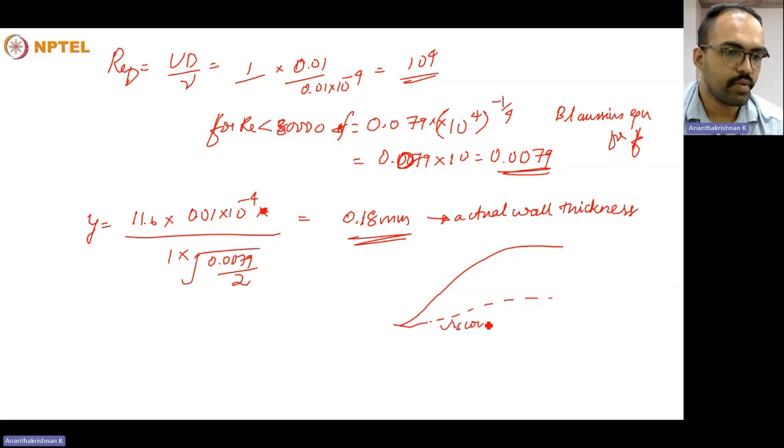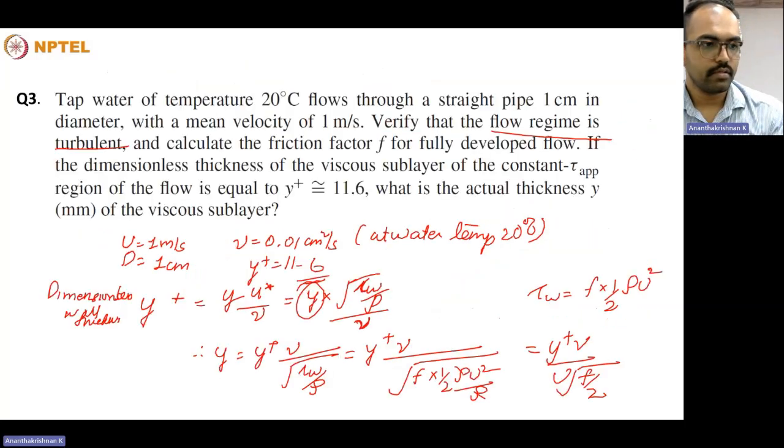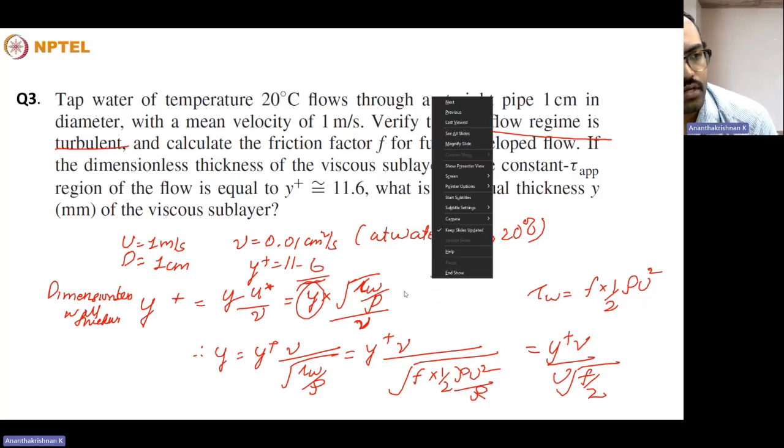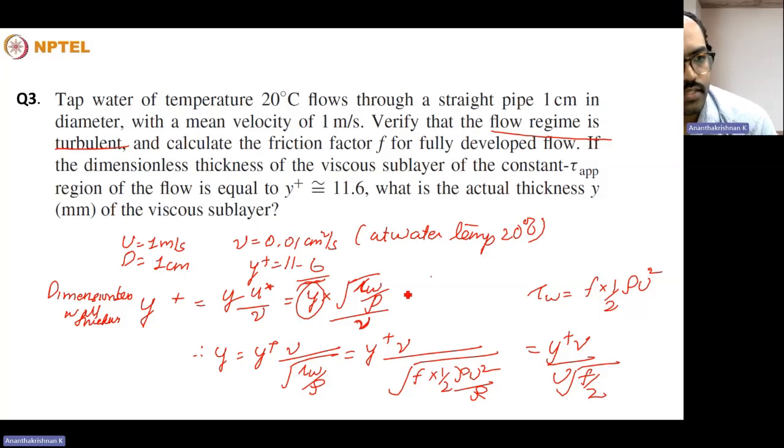So the viscous sublayer will occupy a smaller portion of the total turbulent boundary layer. So this Y equal to 0.18 mm is the actual thickness of the sublayer. The dimensionless wall coefficient is 11.6, and this one is the actual wall thickness of the viscous sublayer.